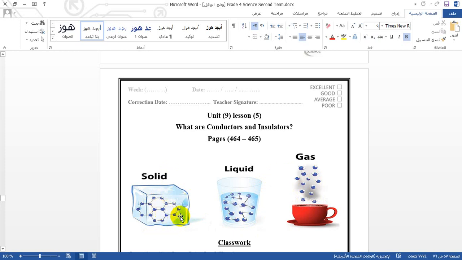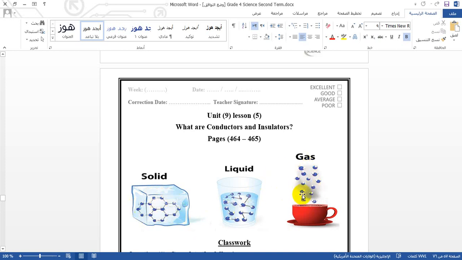For that reason, when heat moves, it will move fast, because the heat will move through the particles themselves. The particles here are close, so the heat will move between them very fast. But what about liquid and gas?